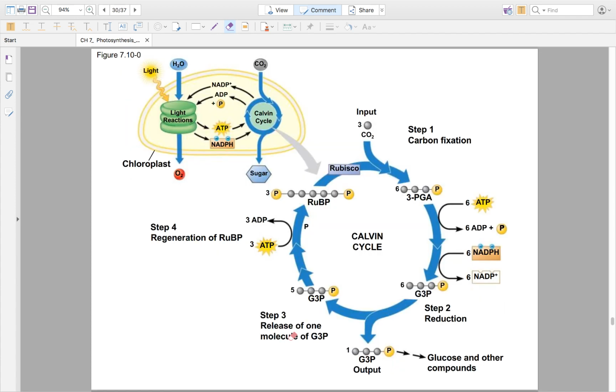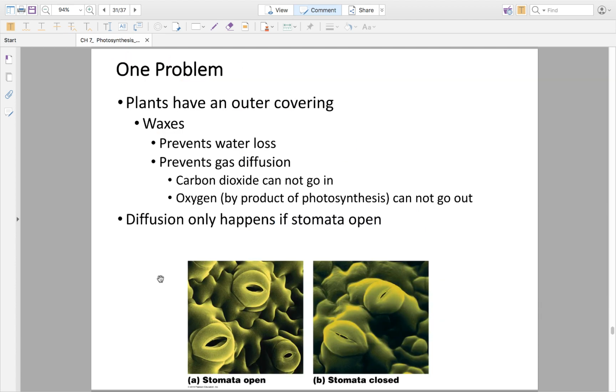This is a good roadmap to review. This is the Calvin cycle once again, and I suggest that everybody diagram this over and over and remember it all inside and out. Now, if we were in a face-to-face classroom, that's what we would do. We would be drawing this on the board, but obviously we're not there.